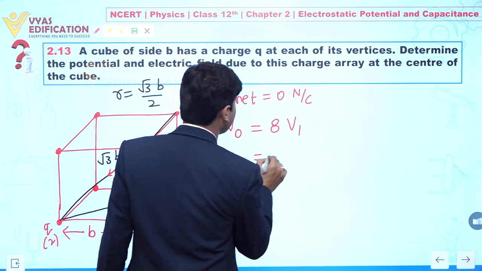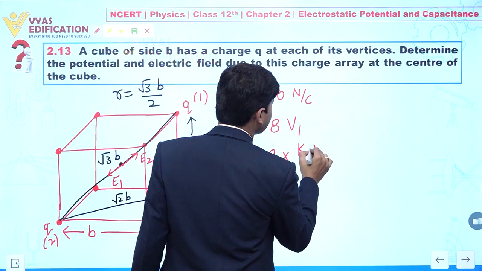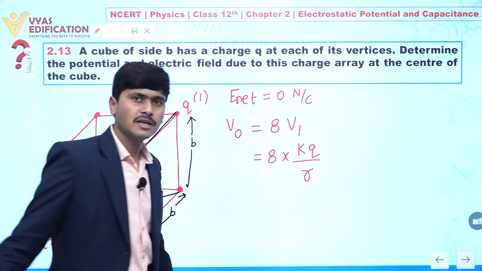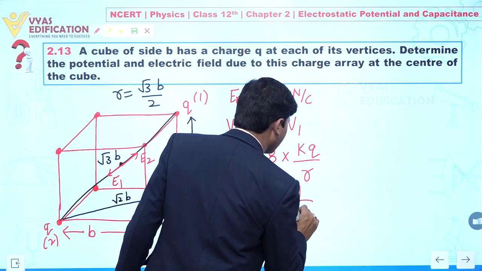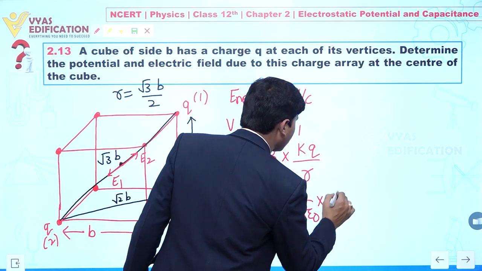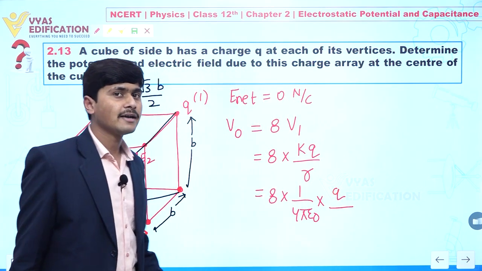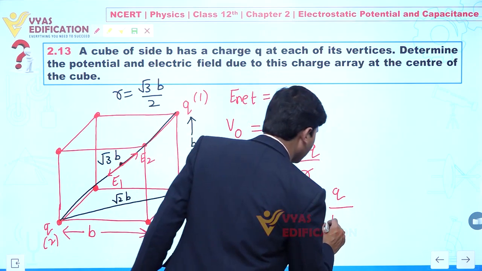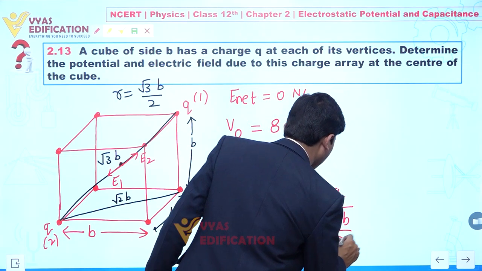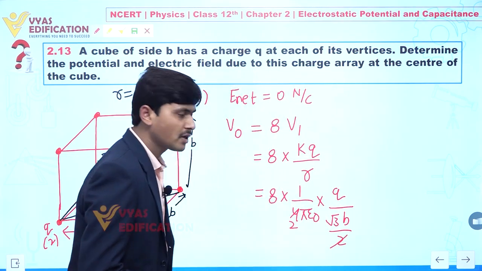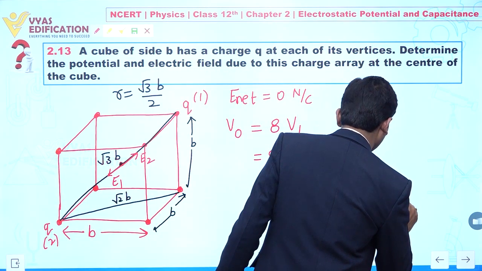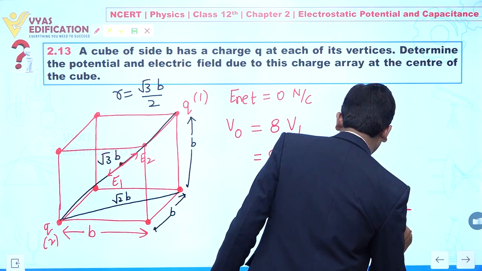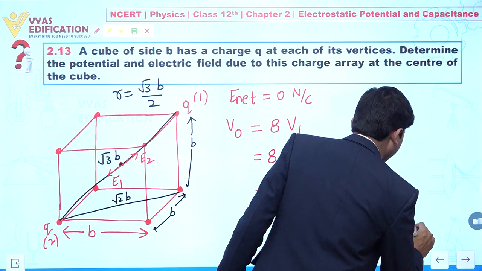So we can say this is 8 into kq by r, clear. So now we can say 8 into 1 upon 4 pi epsilon naught, the value of q we have q, and r is given, this is under root of 3b by 2, clear. From here we can say this is 2, clear, and this is equal to 4. So from here we can write like this, 4q divided by under root 3 pi epsilon naught b, clear.